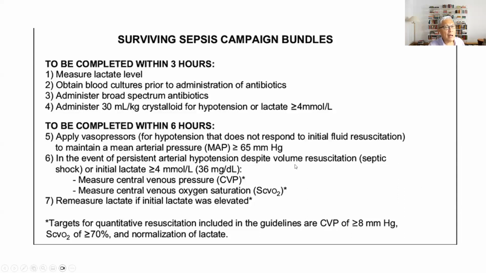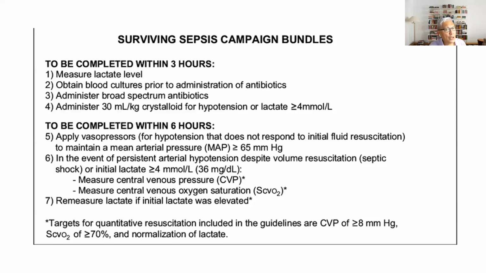So what are some of these bundles? Let's just examine this particular slide to look at the events or the implementations that nurses must be familiar with. To be completed within the first 3 hours are the following. We need to measure lactate level, and of course, obtain blood cultures prior to the administration of antibiotics, as well as administer broad-spectrum antibiotics.